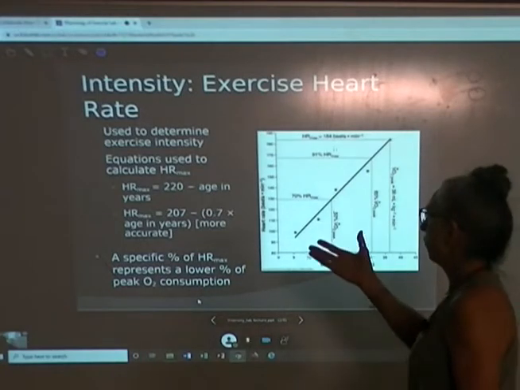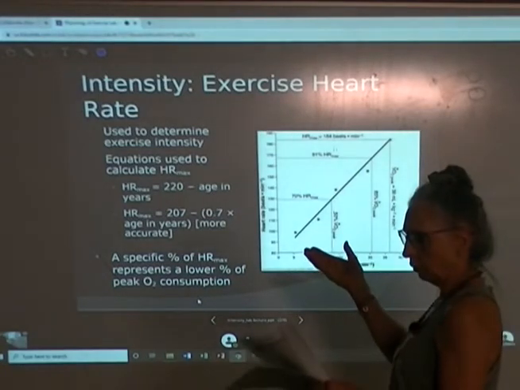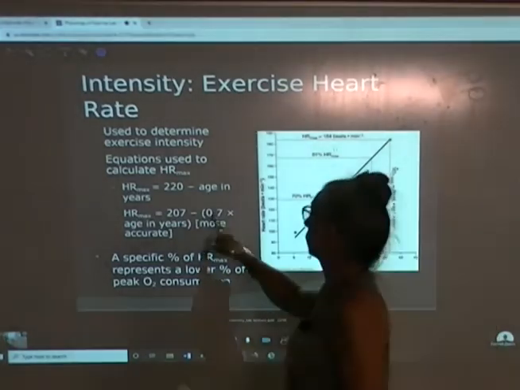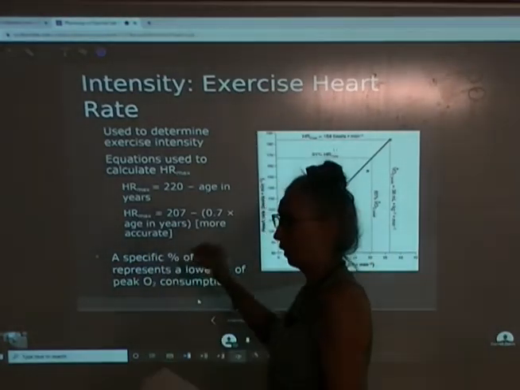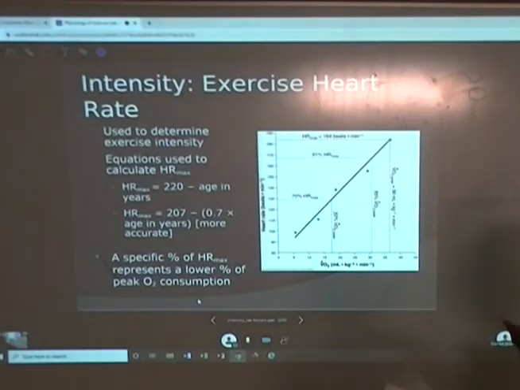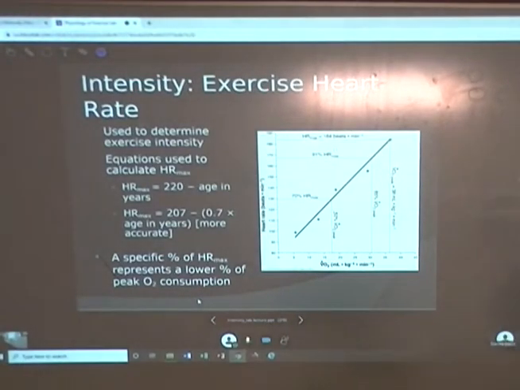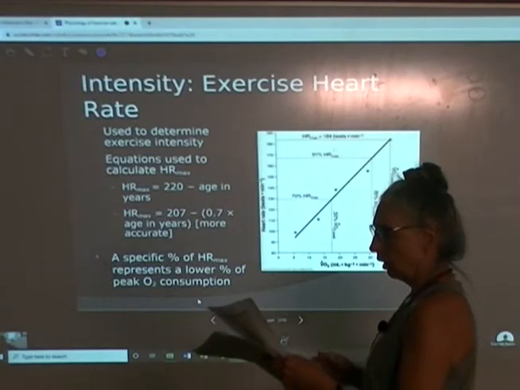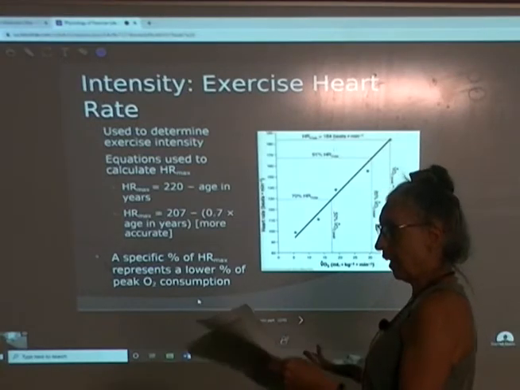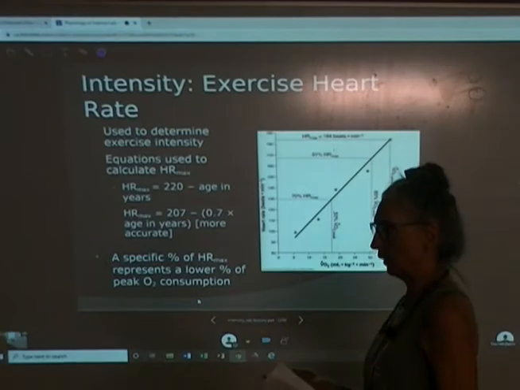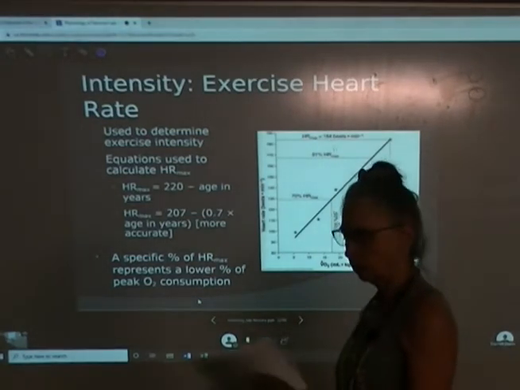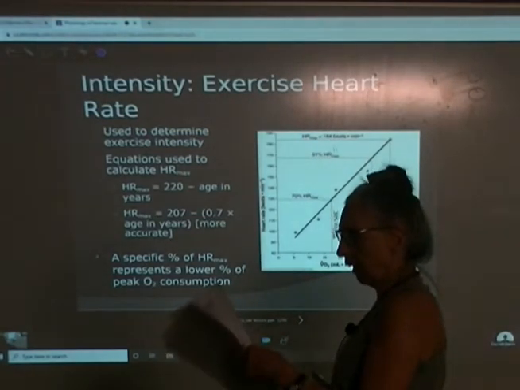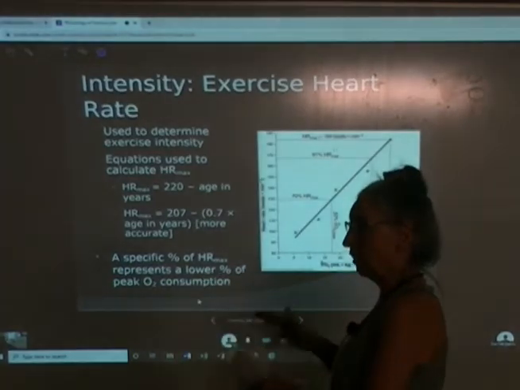But if we go back here, if I'm working with a 20-year-old, and I use this more accurate equation, then his heart rate max is going to be about 193 beats per minute, give or take, right? 77% of that is 148.6, so 149. 90% of that is 174.